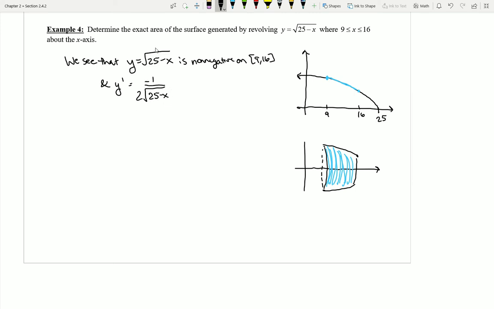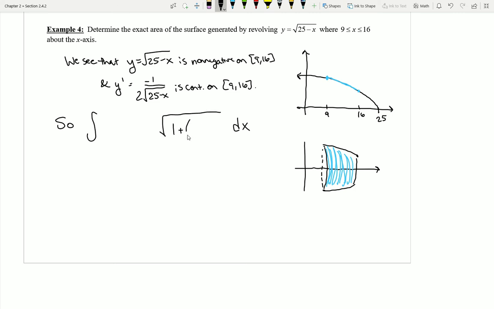Notice I just have to use the power rule here with a little bit of a chain rule. That's where my negative's coming from. I can see this is only going to be undefined for values of 25 and larger. And since I'm not using any of those, I can say that this is continuous on 9 to 16. So my default setup as a dx question is underway.